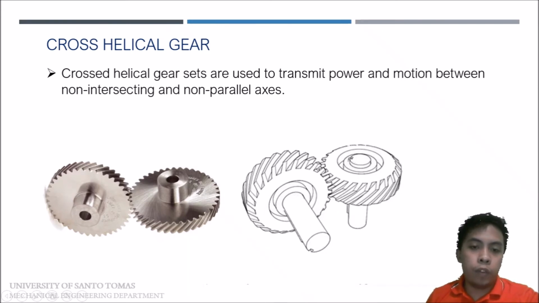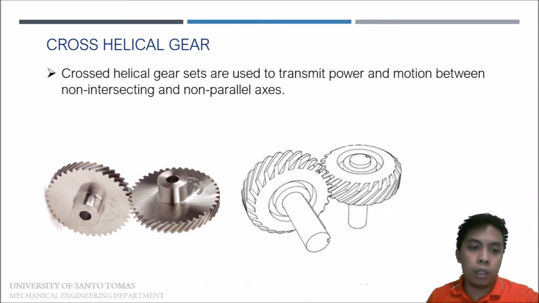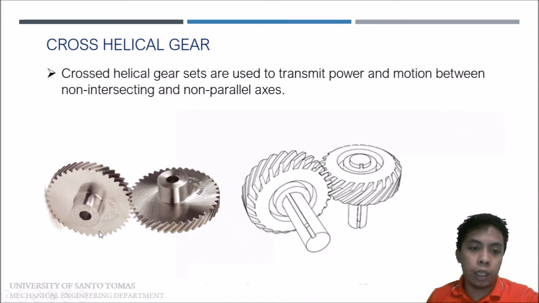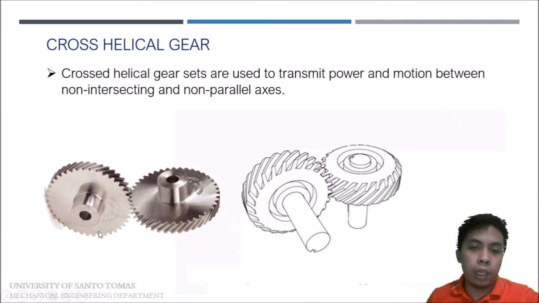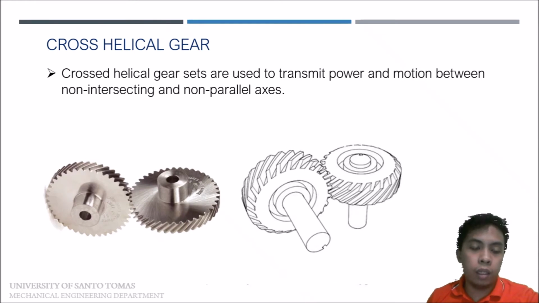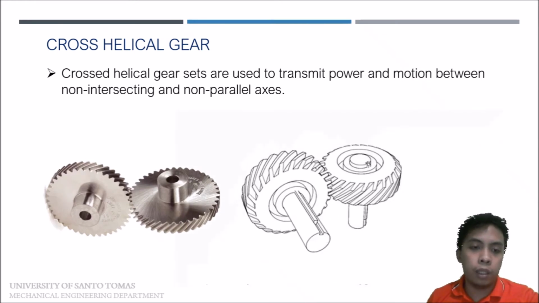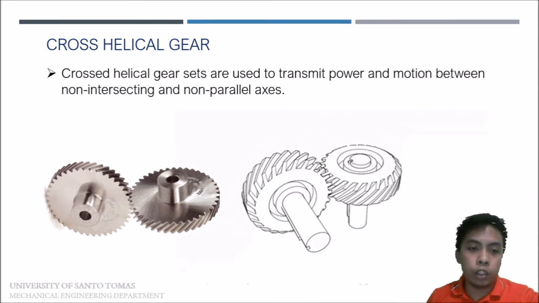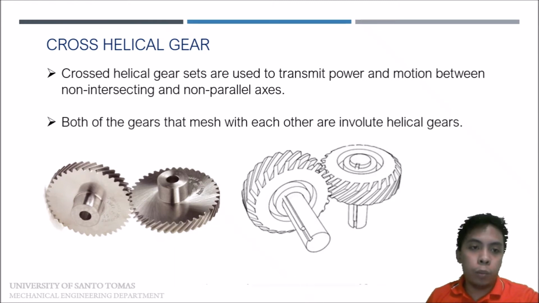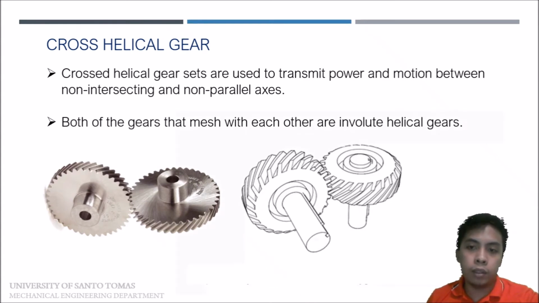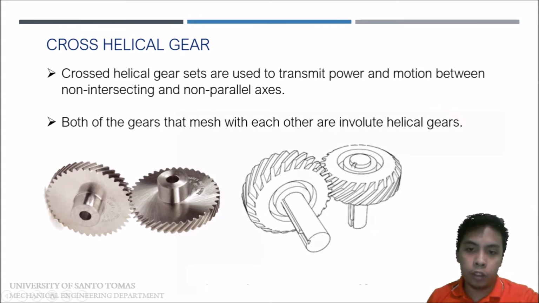The only difference between the two is that cross helical gear connects two non-parallel axes, or two non-parallel shafts. The helical gear also has slanted teeth construction, but its shaft connection is parallel. Both of the gears that mesh with each other are involute helical gears. They are still helical gears.